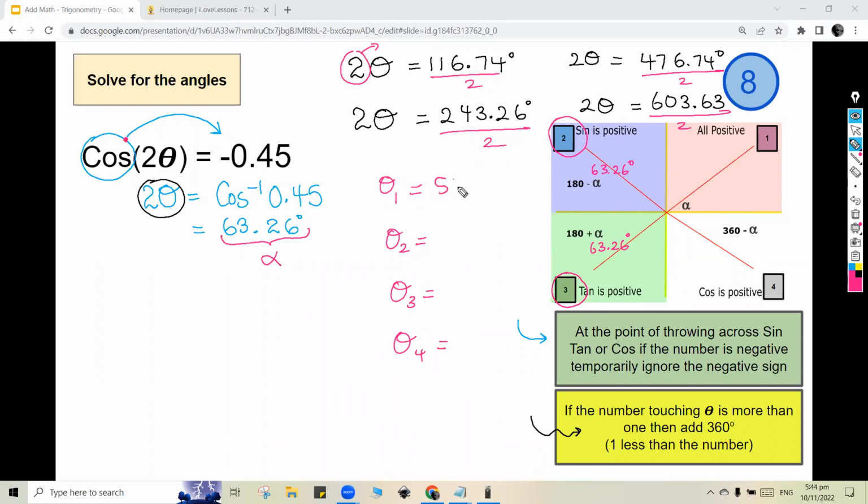I'm getting 58.37. Somebody said I made a mistake. Yeah, I made a mistake here. My mistake.